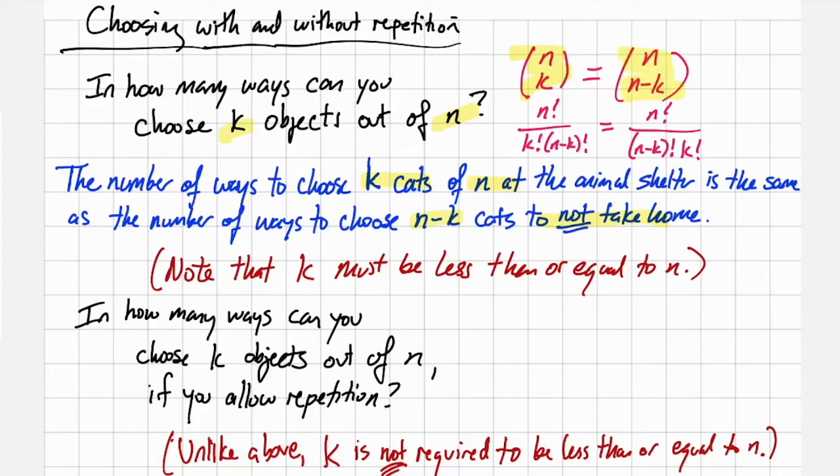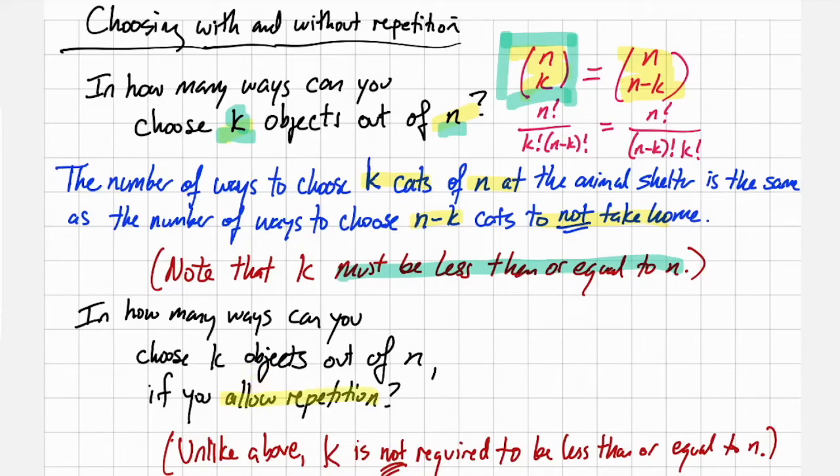It's n choose n minus k. And something that feels pretty natural is that if we're trying to take k objects out of n, then k must be less than or equal to n. It's not going to be possible to take 9 cats home if there are only 5 cats available at the animal shelter. So that's the idea of choosing k objects out of n where there is no repetition.